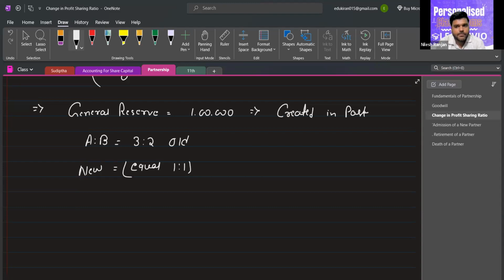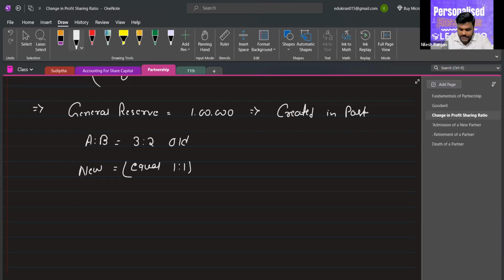No, sir. It should be the old ratio. So we will use the old ratio for distribution of general reserve and accumulated profit or loss, because these are related to past years and our profit sharing ratio has changed only right now.